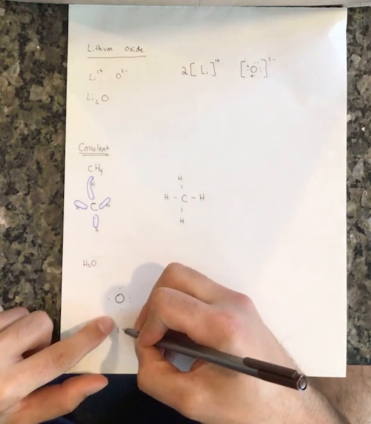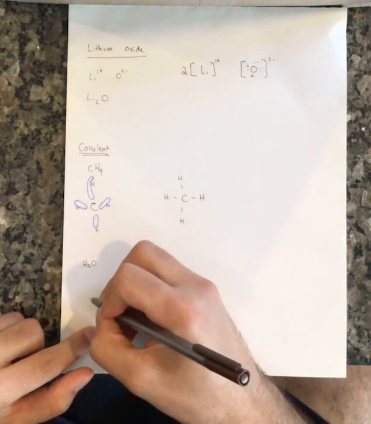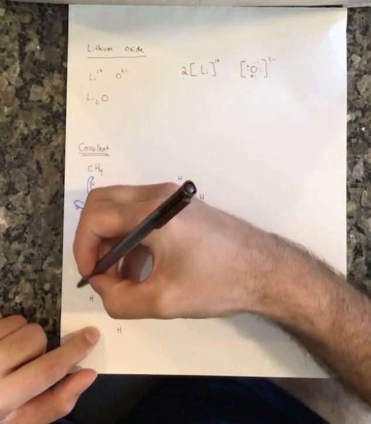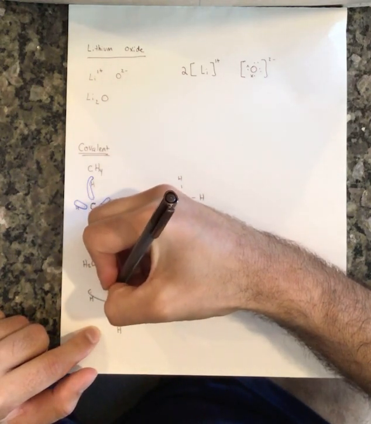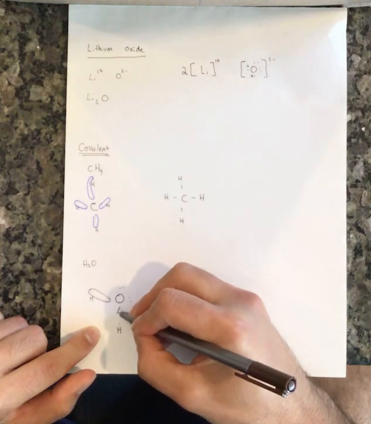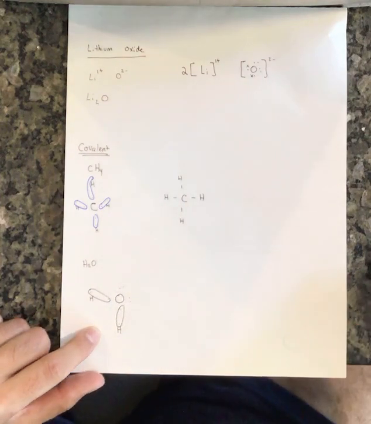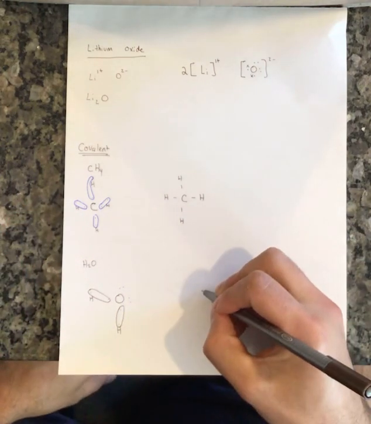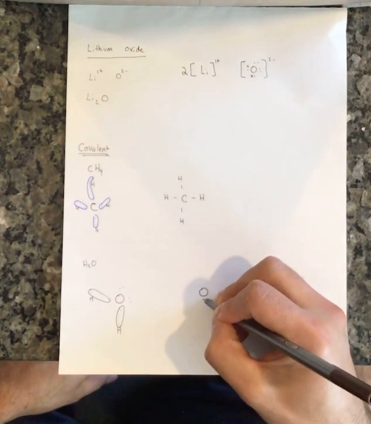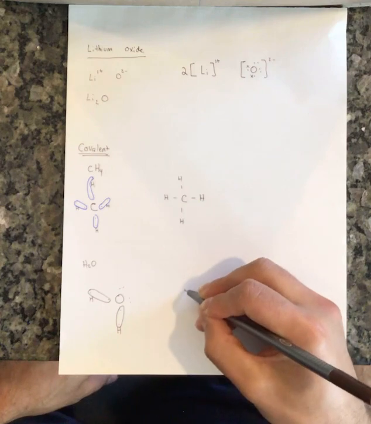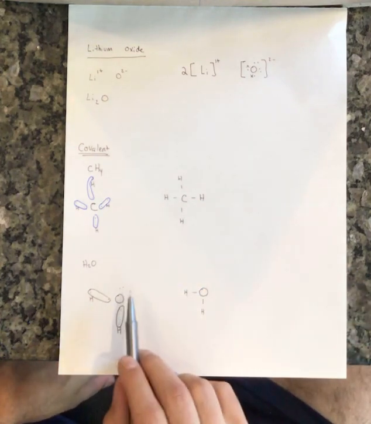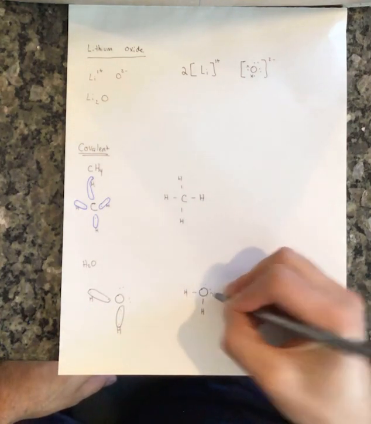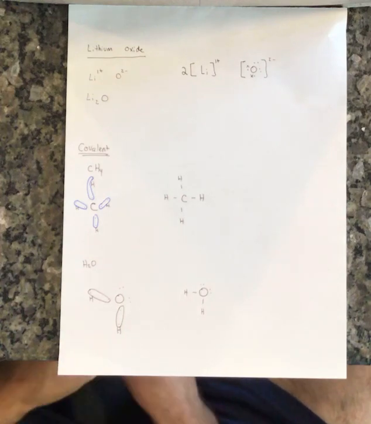So there's 1 spot over here, and there's 1 spot over here. So what's going to happen is these 2 are going to come together here, and these 2 are going to come together there. And what we have, and you want to draw it in the same orientation, is oxygen, 1 hydrogen at the bottom, 1 hydrogen at the side, and then you need to make sure you put your electrons, 2 at the top, 2 at the bottom. And that's what we get there.